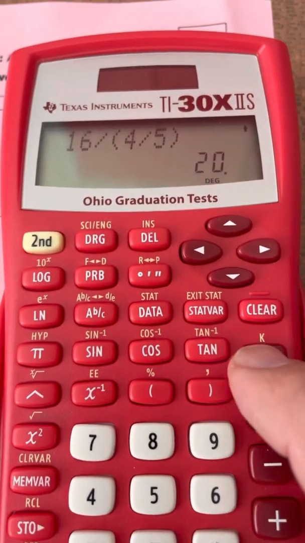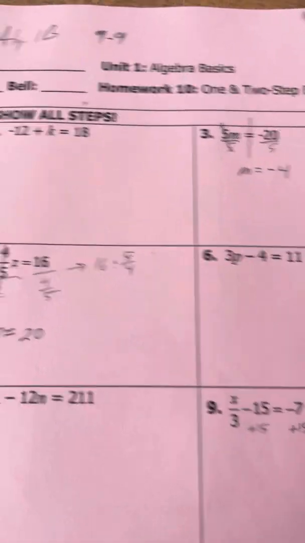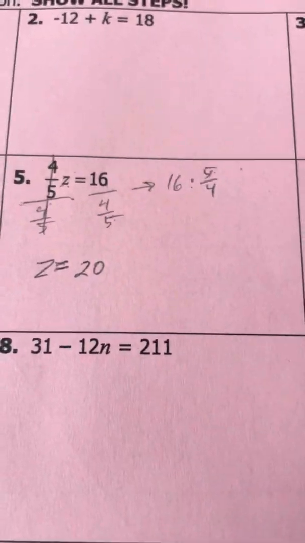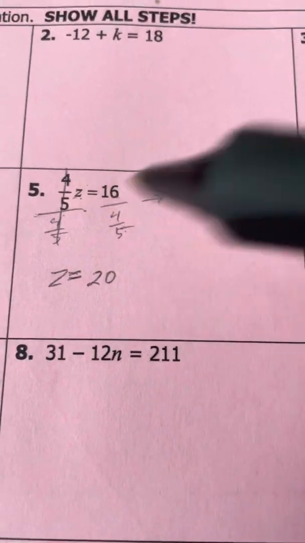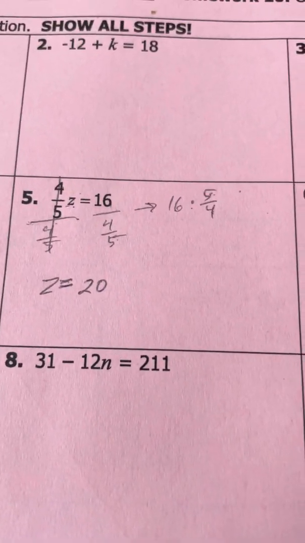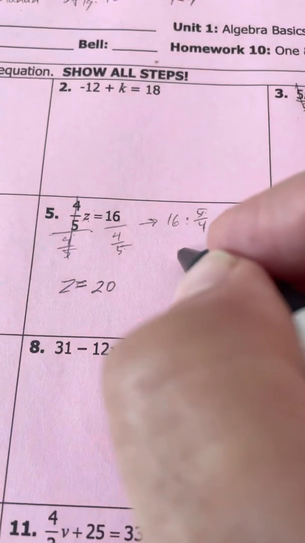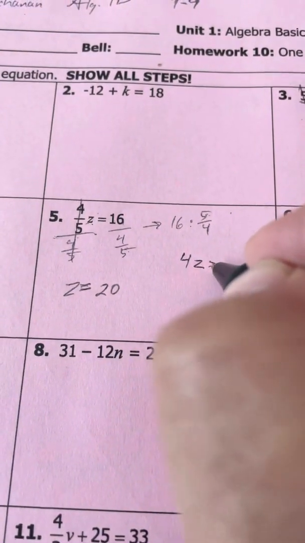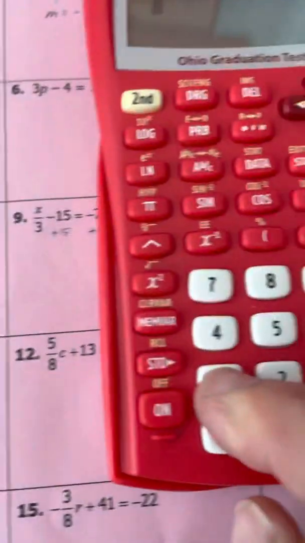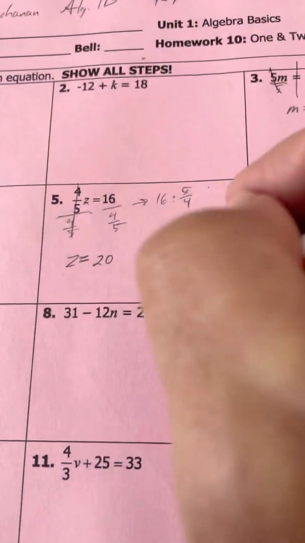Okay. Another way that you could go about doing this problem, if you didn't have a calculator, or maybe this way seems easier to you: if I multiply both sides of this equation by 5, that would give me 4z equals 16 times 5, 80.